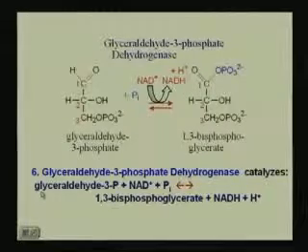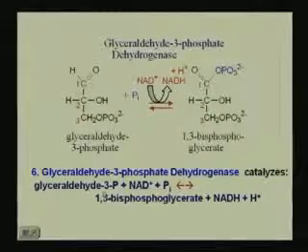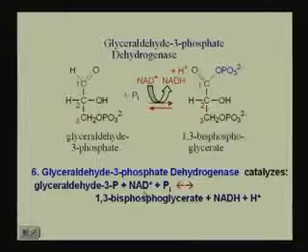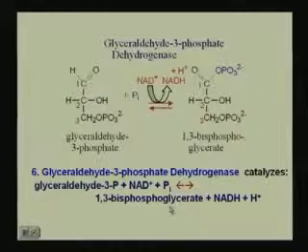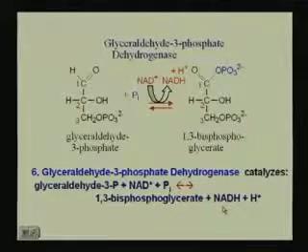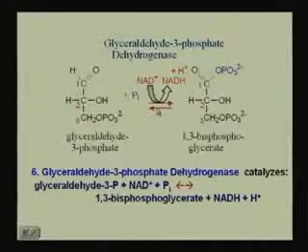So, the reaction here is glyceraldehyde-3-phosphate plus NAD plus Pi in a reversible step, giving you 1,3-bisphosphoglycerate plus NADH plus H plus. So, this is our 6th step, where what has been done is we have added a phosphate using NAD plus forming NADH in a reversible step.